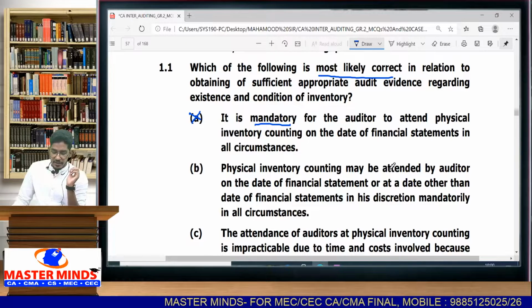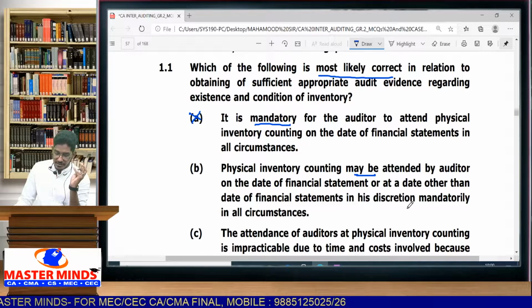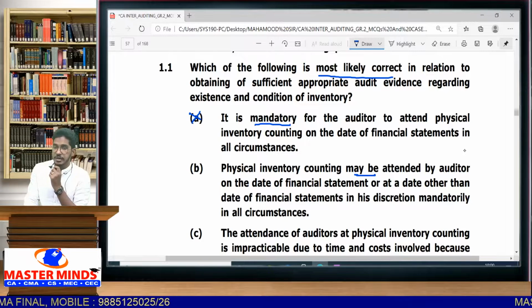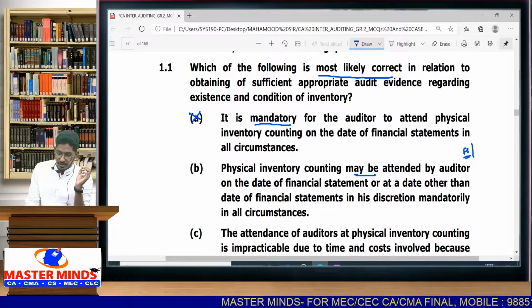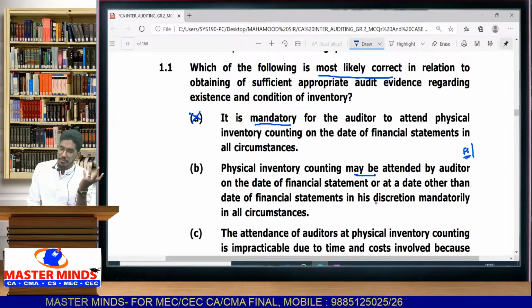Next, option B: Physical inventory counting may be attended by the auditor on the date of financial statements or at a date other than the date of financial statements at his discretion, mandatorily in all circumstances.